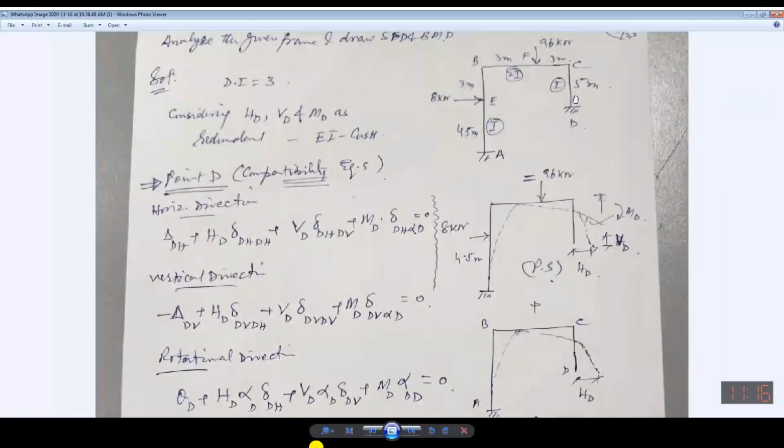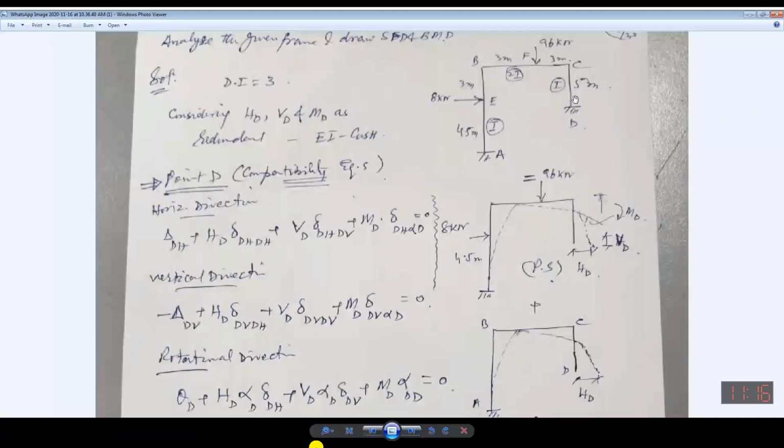Due to the redundant horizontal force HD, there will be horizontal displacement, vertical displacement, and angular rotation.